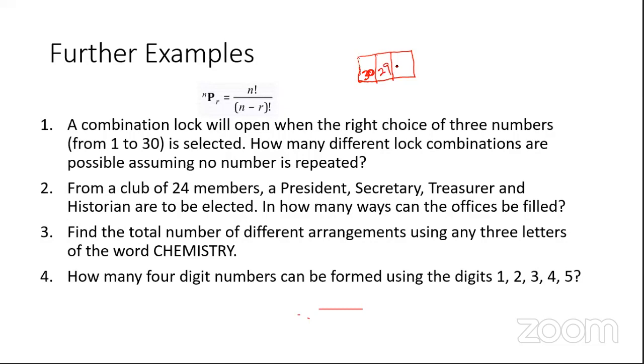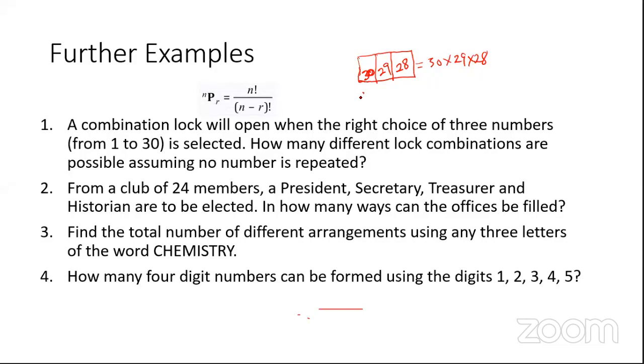For the next one, I have 28 different options. So my answer will be what? 30 times 29 times 28. If I'm using the principle of permutation or the principle of factorial, for factorial, what do we do?